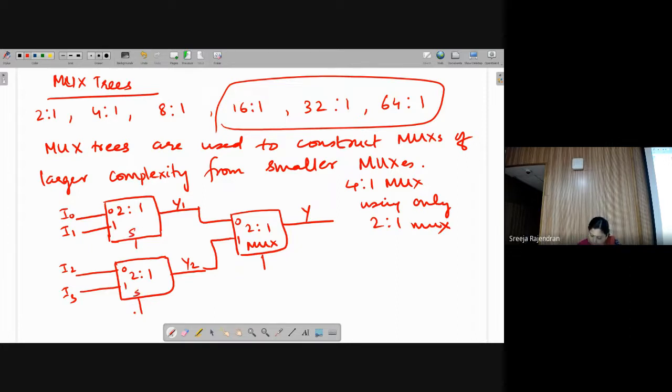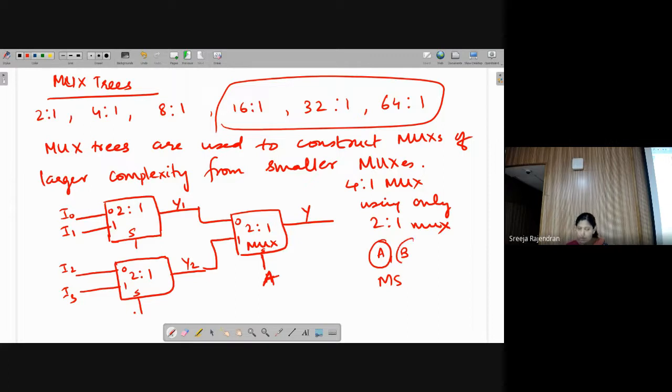Now, whatever the select line is, each stage will be operated with the same select line. Suppose I have A and B, which I can use as select lines. Just an example: if A is the most significant, it will be the select line for the stage closest to the output. The most significant one will be connected as the select line of the mux in the stage closest to the output.